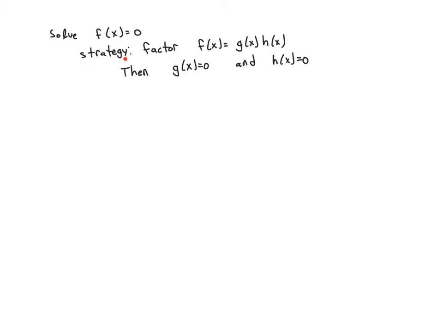A common strategy was to factor your expression into two factors, and then break your problem up into two subproblems. If this expression were equal to 0, then either the first factor is 0 or the second factor is 0. This assumes no zero divisors in order to work.